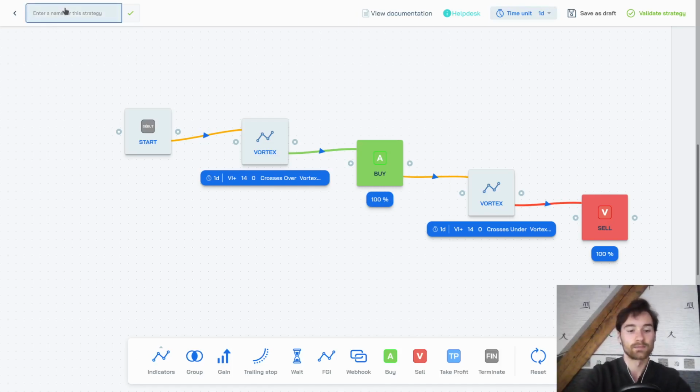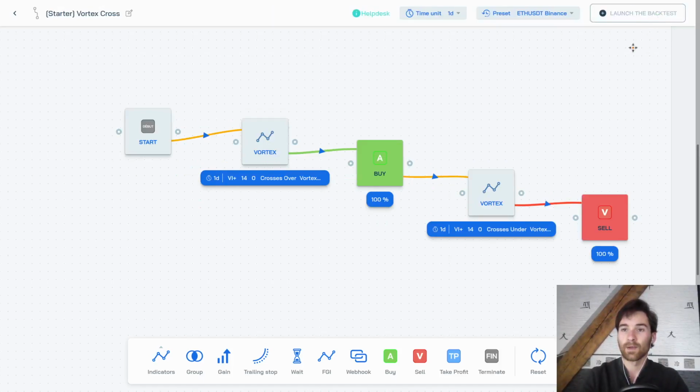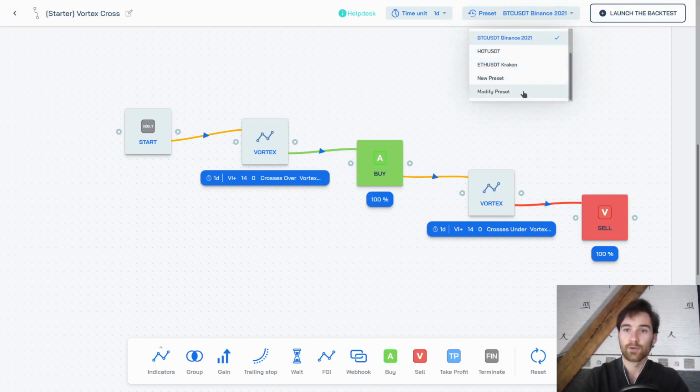Okay. So I will add a little name to my strategy. It will be Vortex Cross. Okay, and I will validate the strategy. Okay. So now let's try the strategy. I will make a little backtest, so a simulation in the past, and I want to make this simulation on the full year 2021.